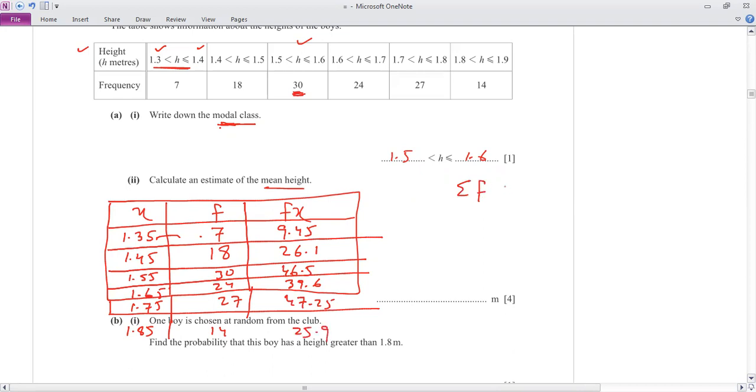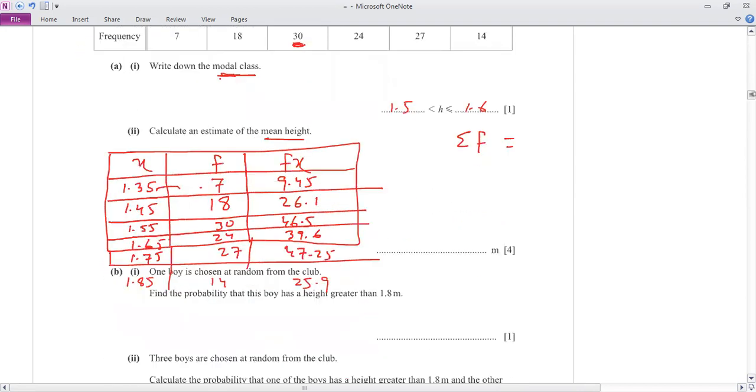What is sigma f? Sigma f means the sum of all f values. It will be 120, you can check. Sigma fx is the sum of all fx values.